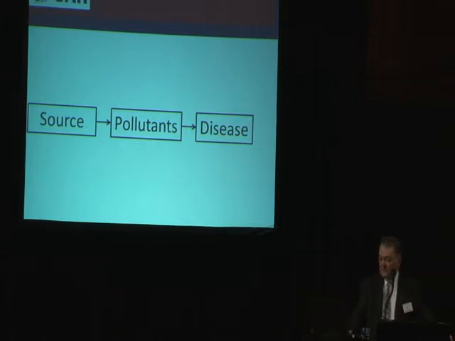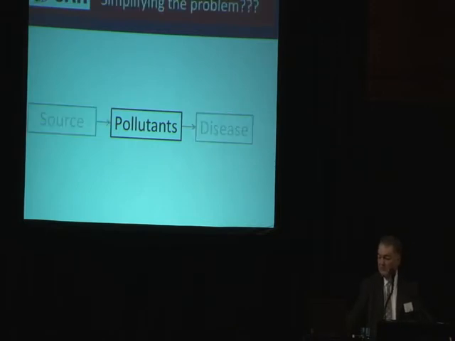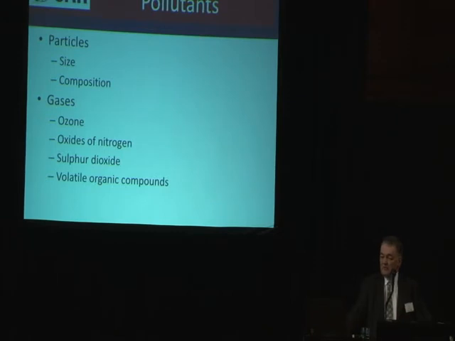But that becomes critical when one wants to make inferences about the effect of sources on disease from information about pollutants. If we collect information about the relationship between pollution and disease, and we want to decide how that affects how we should control sources of pollution, we need to know very well what are the main sources of those pollutants. But pollutants themselves are fairly complex.